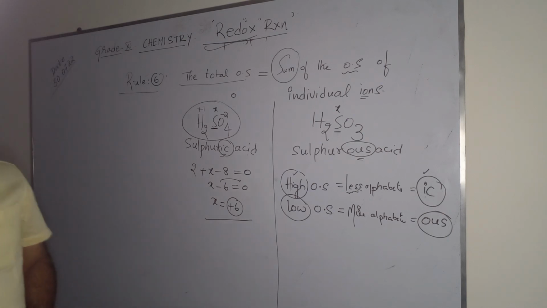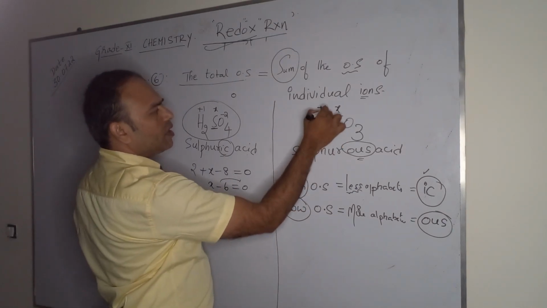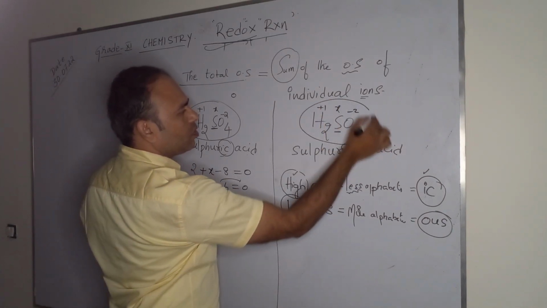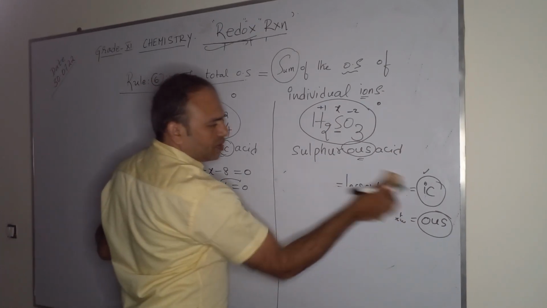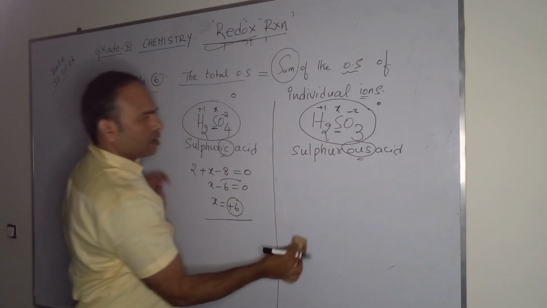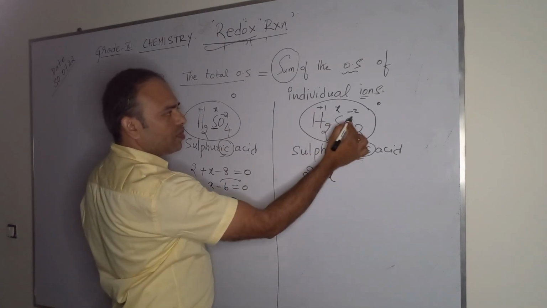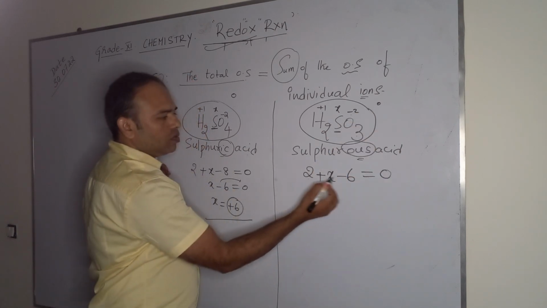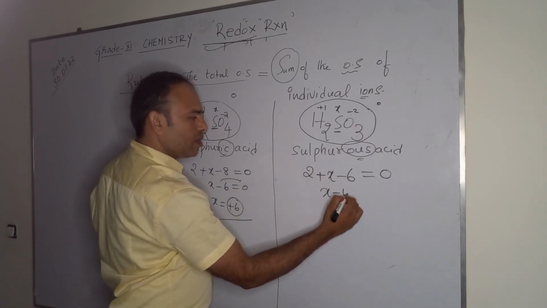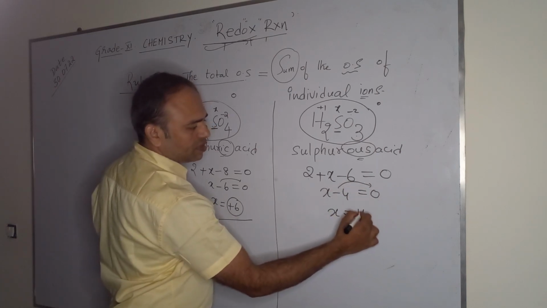Similarly, in H2SO3, let us calculate. This is plus 1, minus 2, and the total is 0. 2 plus X minus 2 into 3, minus 6, is equal to 0. 2 minus 6 is minus 4, and you send it to the other side, it becomes plus 4.